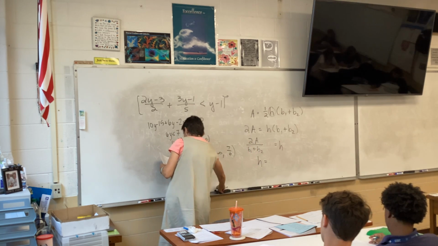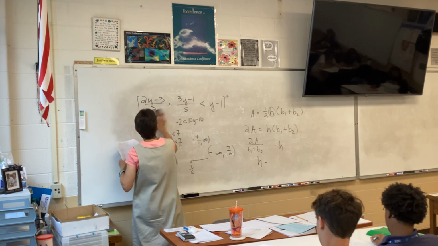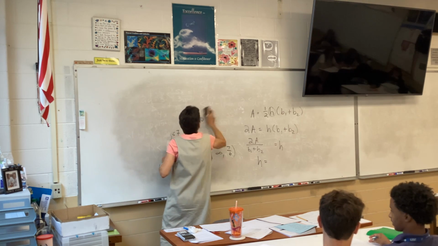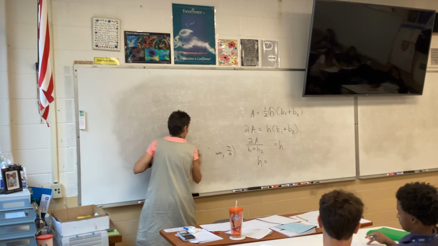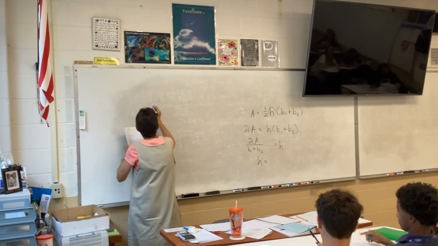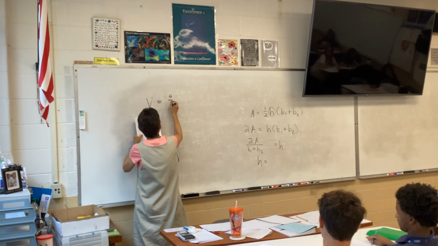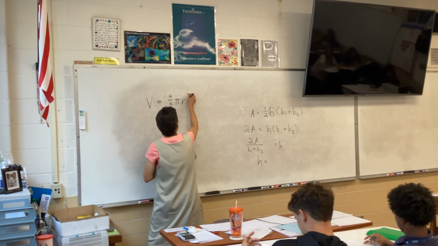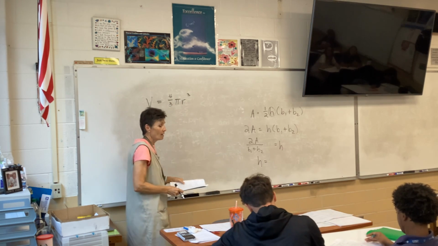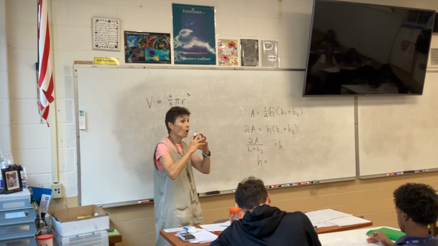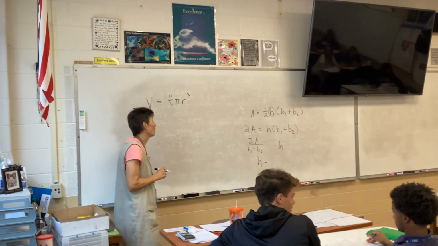What's this one? What formula is this? Volume of a sphere, that's exactly right. This is the volume of a sphere. You know what a sphere is, a ball. This is the volume of the ball.